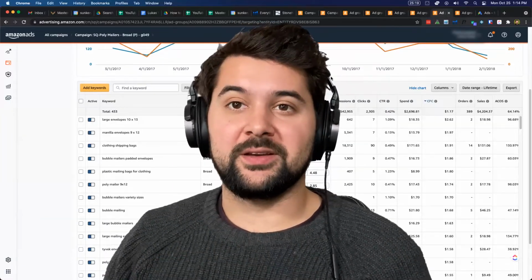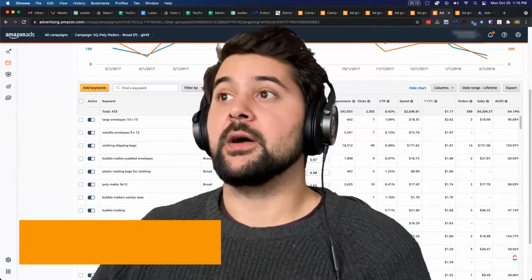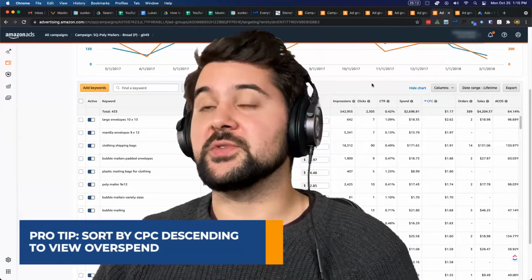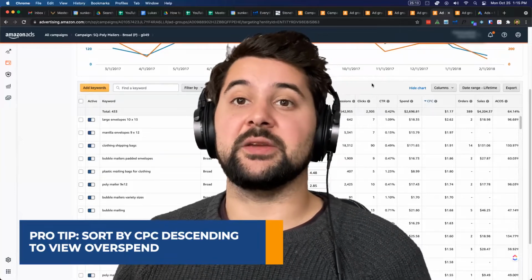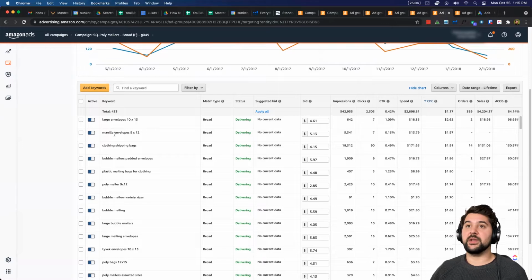So same thing with the opposite. Like normally you would think to search by click-through rate descending, and you certainly should do that. Same thing goes for CPC. So you can go CPC descending and see what you're currently overspending on. So sometimes you'll get into situations where like manila envelope. So this is not necessarily the size. We're not really a manila envelope, and we're willing to pay $5 a click.